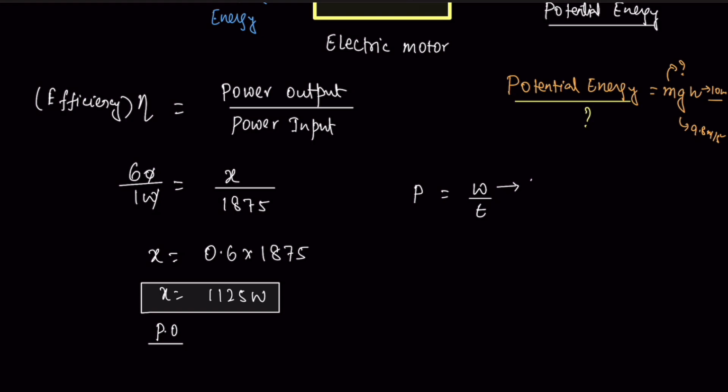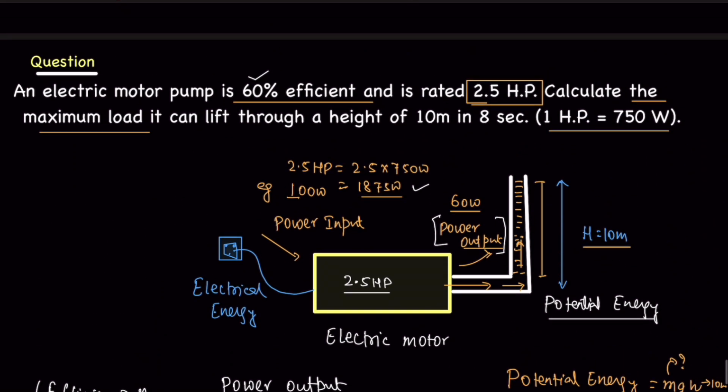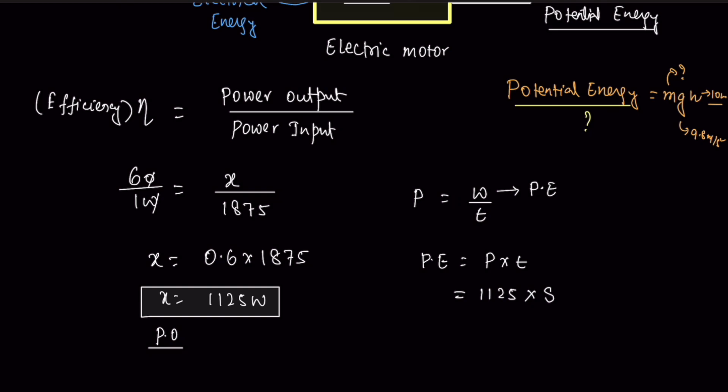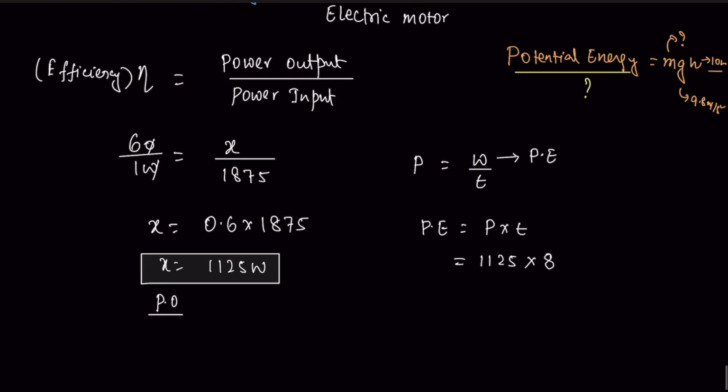This work is actually potential energy. So potential energy is equal to power into time. So power we can write as 1125, which is the output power, into the time, 8 seconds. So we multiply this value with 8. So potential energy comes to 9000 joule. So now we got the potential energy.